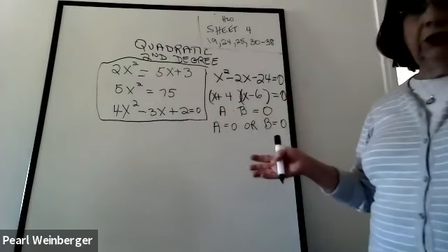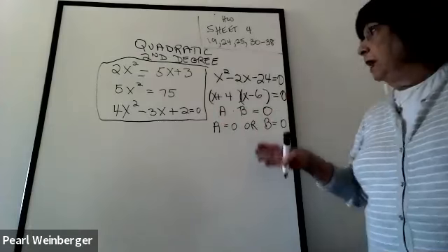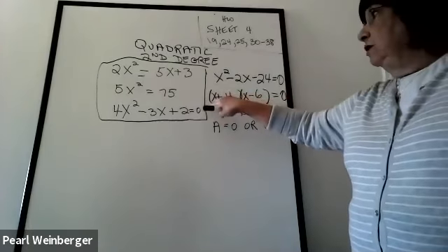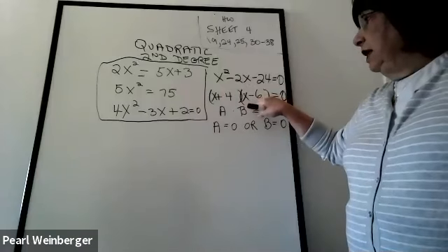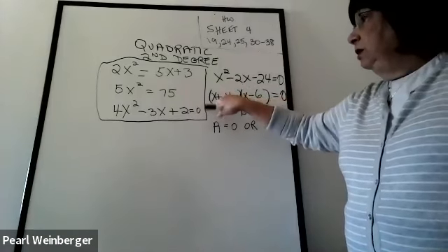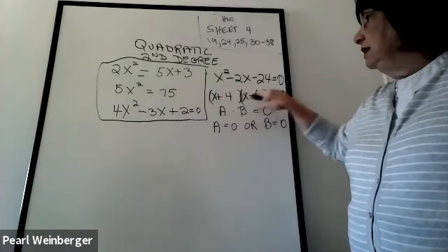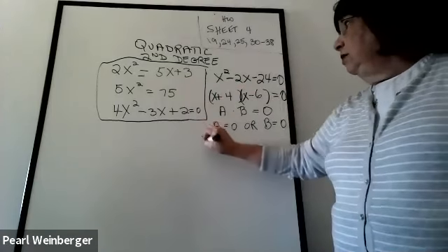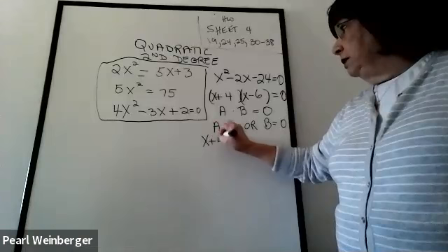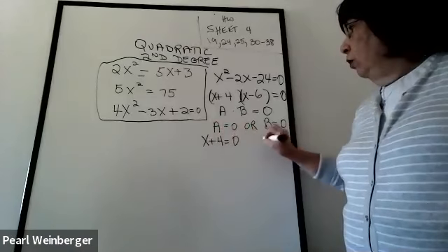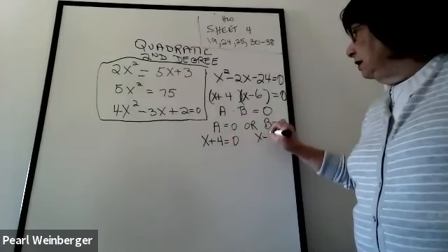Otherwise, you won't get 0 as an answer when you multiply. What does that mean? That means in terms of our specific example, if x plus 4 times x minus 6 equals 0, either x plus 4 equals 0 or x minus 6 equals 0.